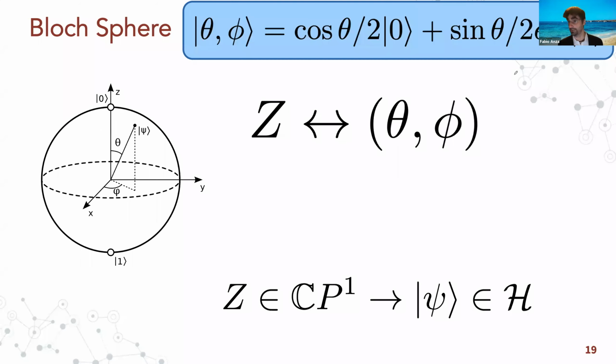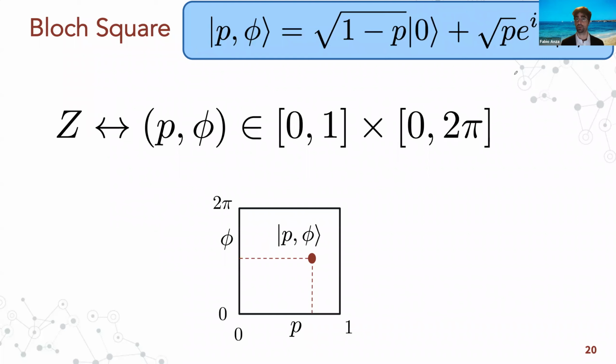For example, we can go from theta, phi to p, phi, where p is the probability of finding the system in the eigenstate 1. This is a slightly different representation, but it's the same object mathematically and geometrically. They completely describe the state space of a quantum system.